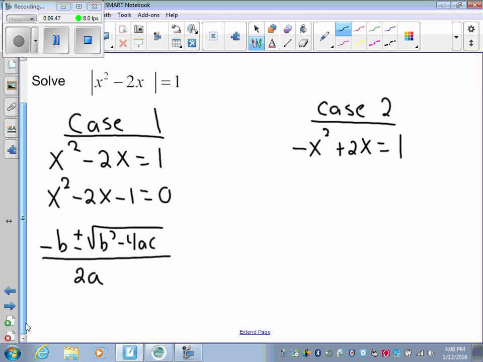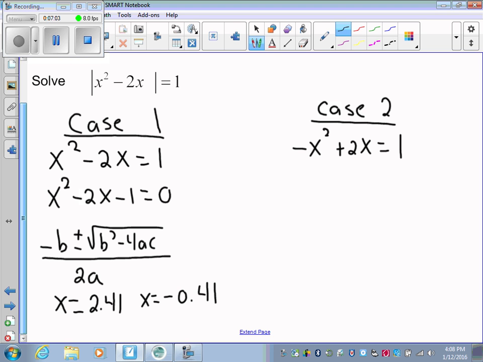So you get two values for your x's. x is equal to 2.41 and x is equal to negative 0.41. We'll leave the verification till the end.